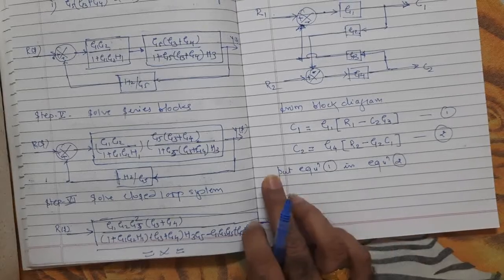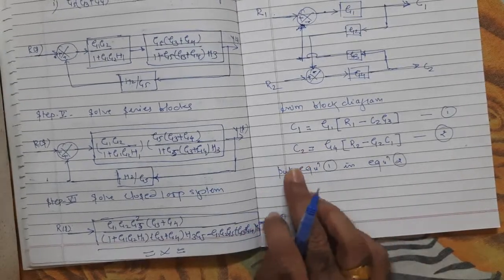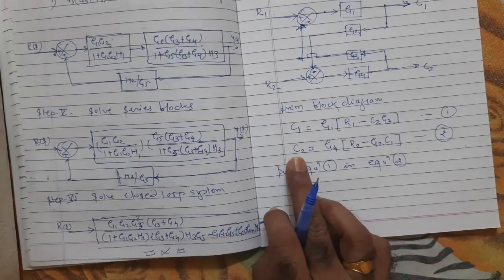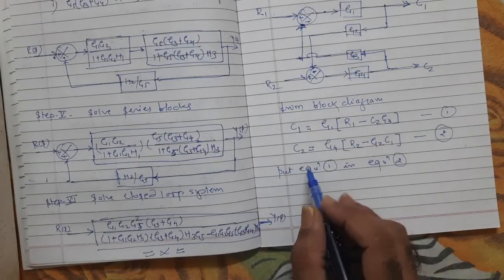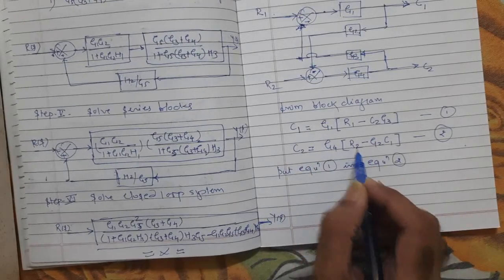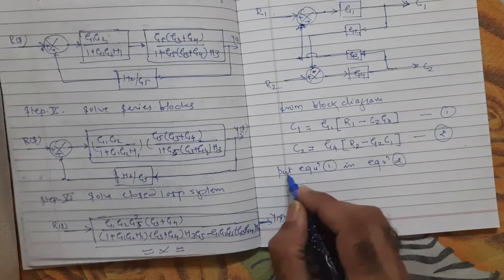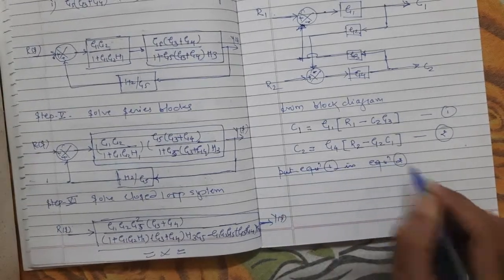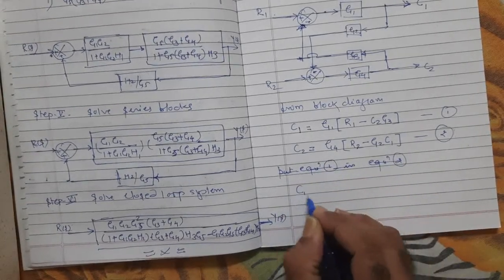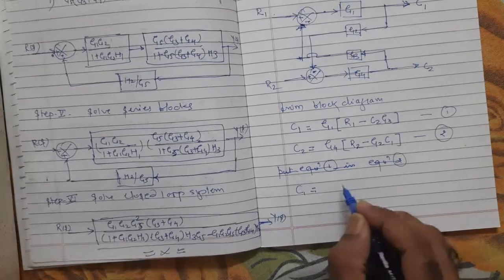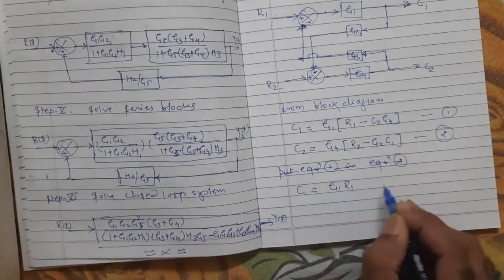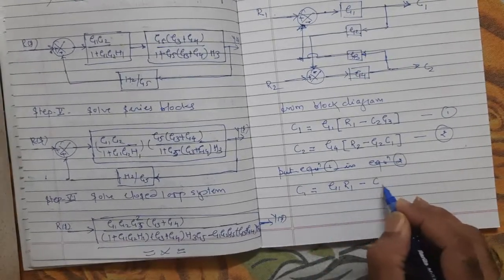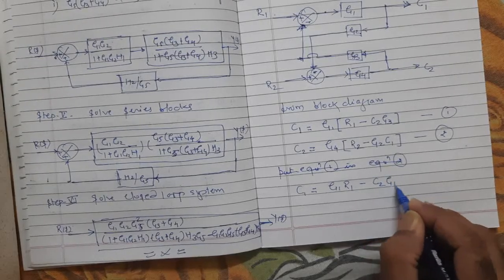Now see there, in this equation for C2, we are substituting these equations here. Otherwise we can write it another way. This C1 equals G1 R1 minus C2 G1 G3.